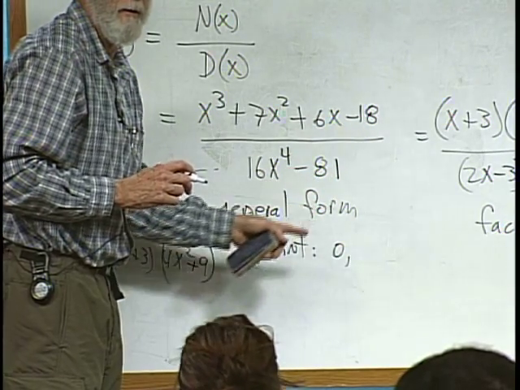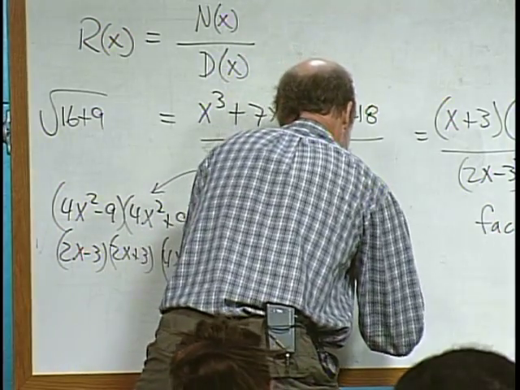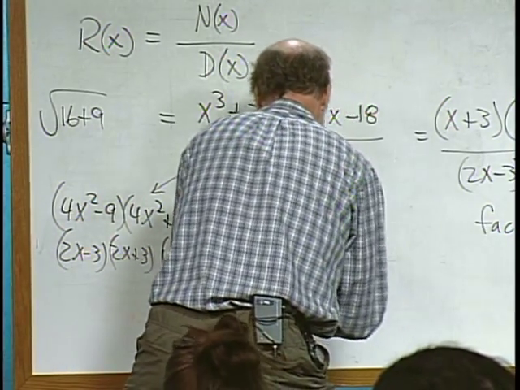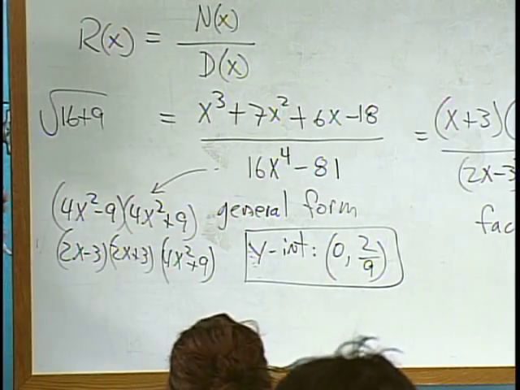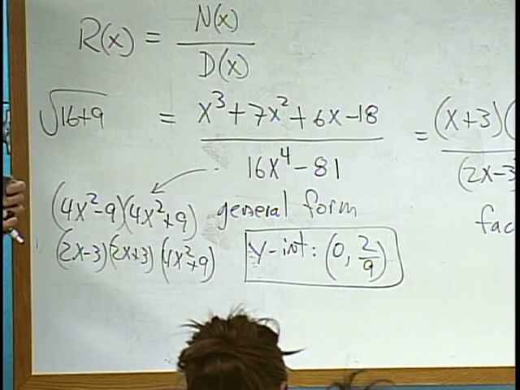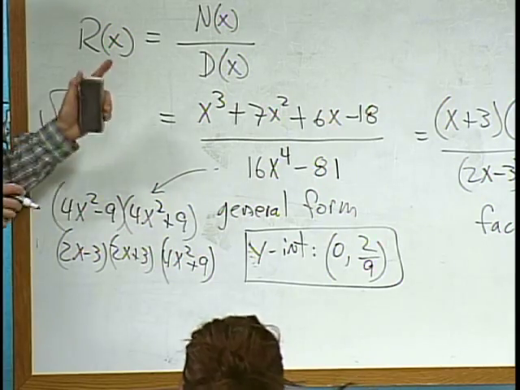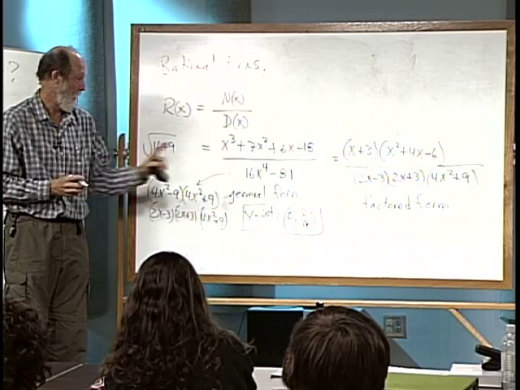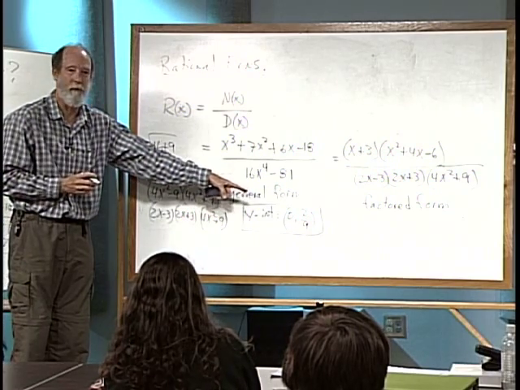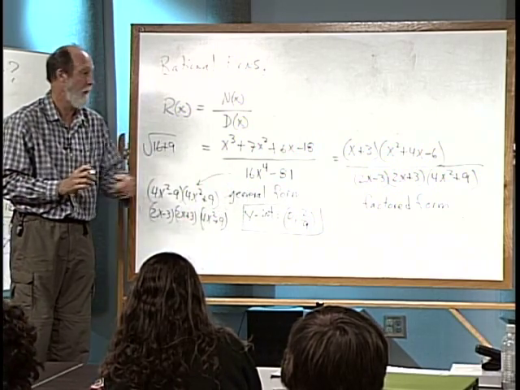Is that right? 2/9. Okay, so you always can get a y-intercept easily from the original form. There is one exception to that, and we'll wait till the next session to talk about that. But 99.9% of the time, this is always right off the bat.